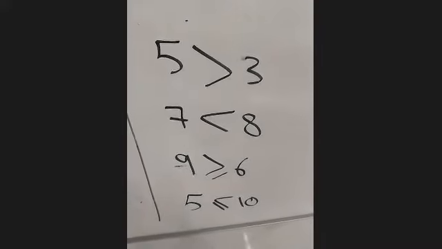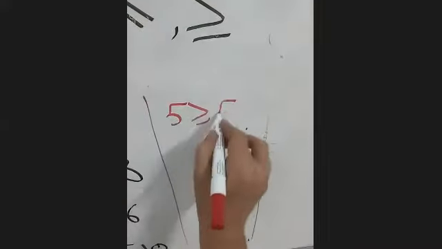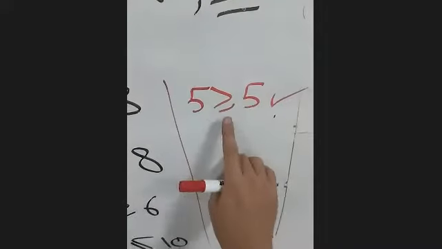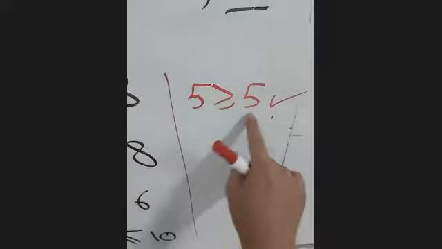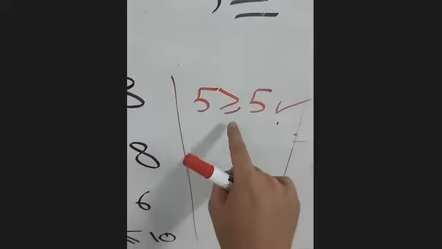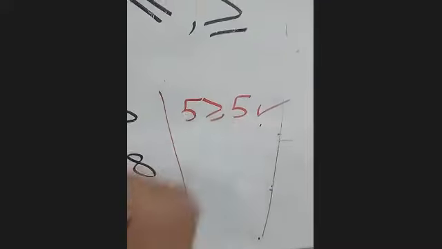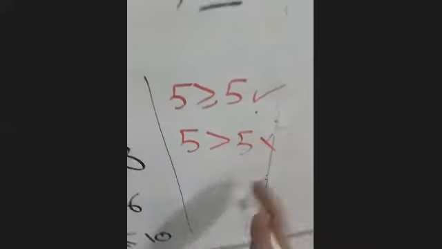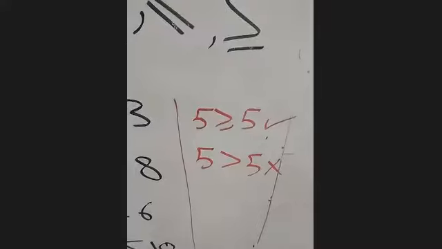Okay? Got it? But we can say, for example, 5 is more than or equal to 5. This is correct. The 5s are equal. But we cannot say 5 more than 5. No. 5 is not more than 5.